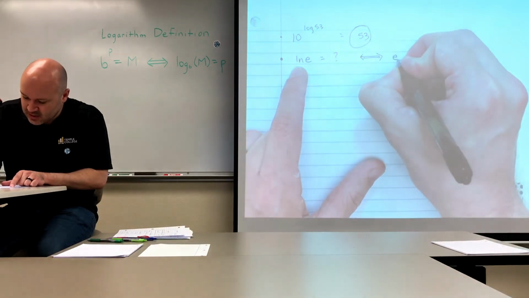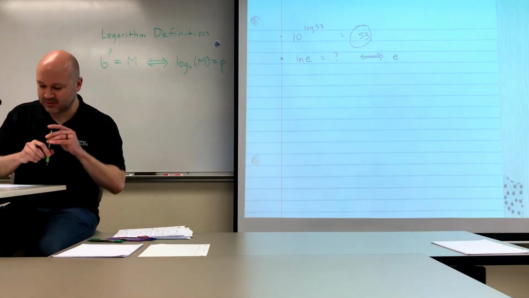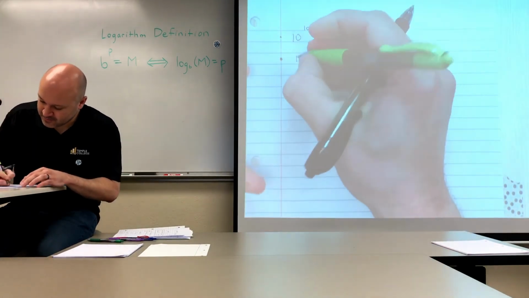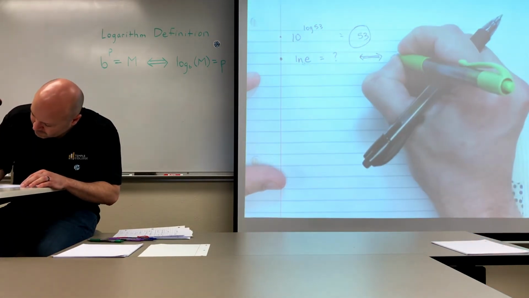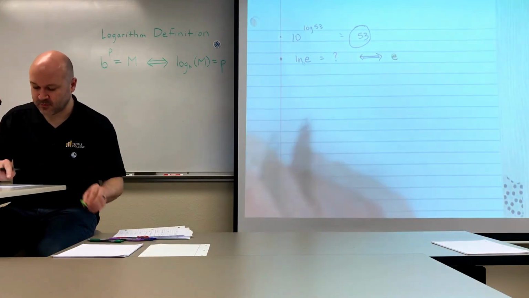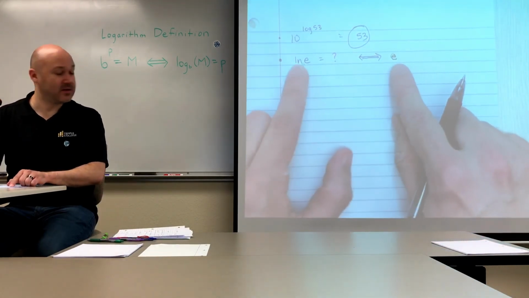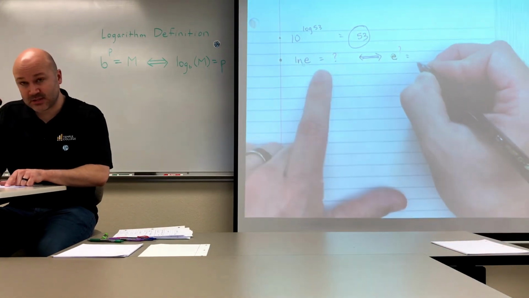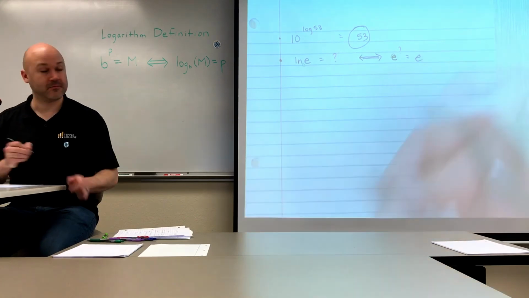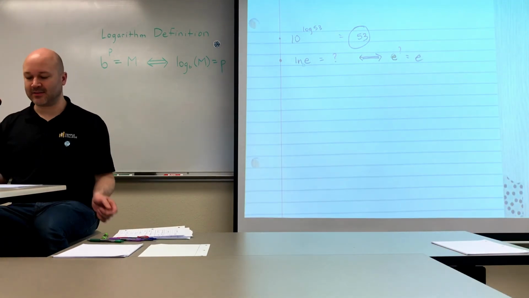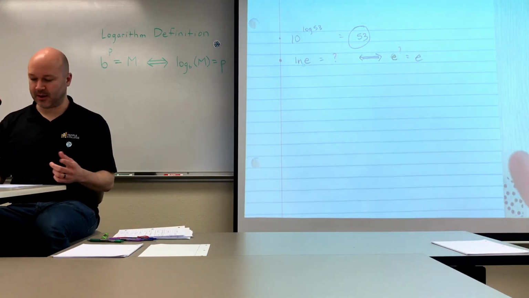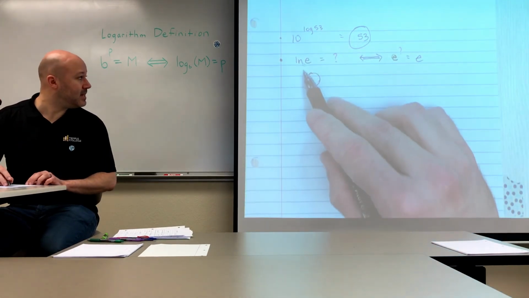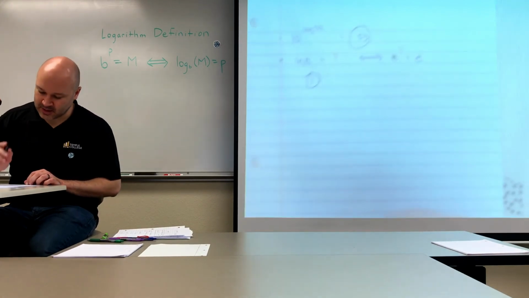So e, let me use like a little green here to clue in which e I'm talking about. My base e is being raised to something, and that's going to give me the argument of this natural log, e. Oh, yeah. This is just going to be that identity property. This is just 1. E to the first power gives me e.